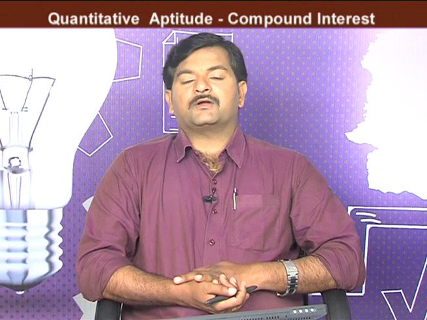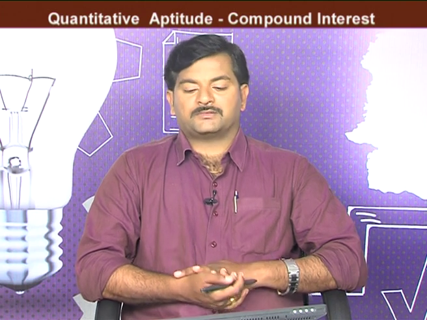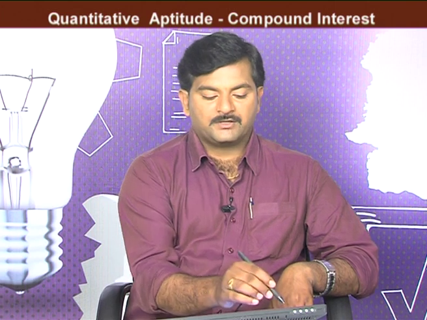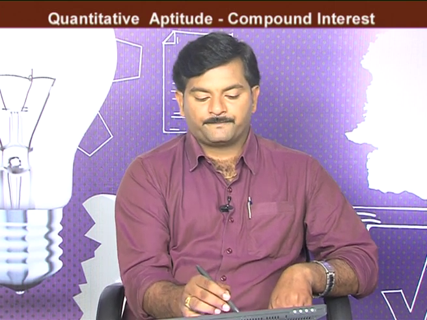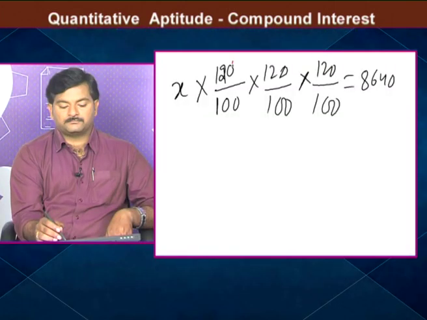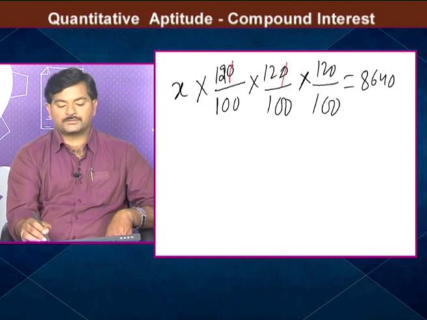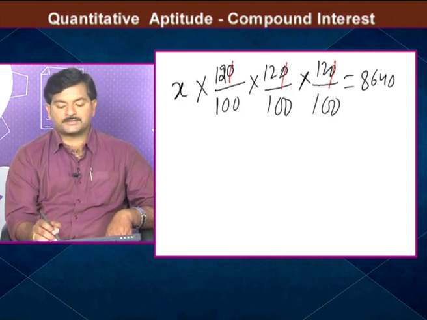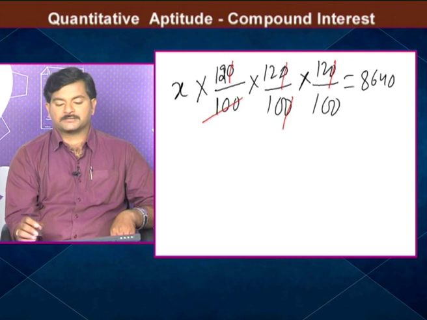That's why 120 by 100 for the first year, 120 by 100 for the second year, 120 by 100 for the third year. Simplification: these 3 zeros cancel.